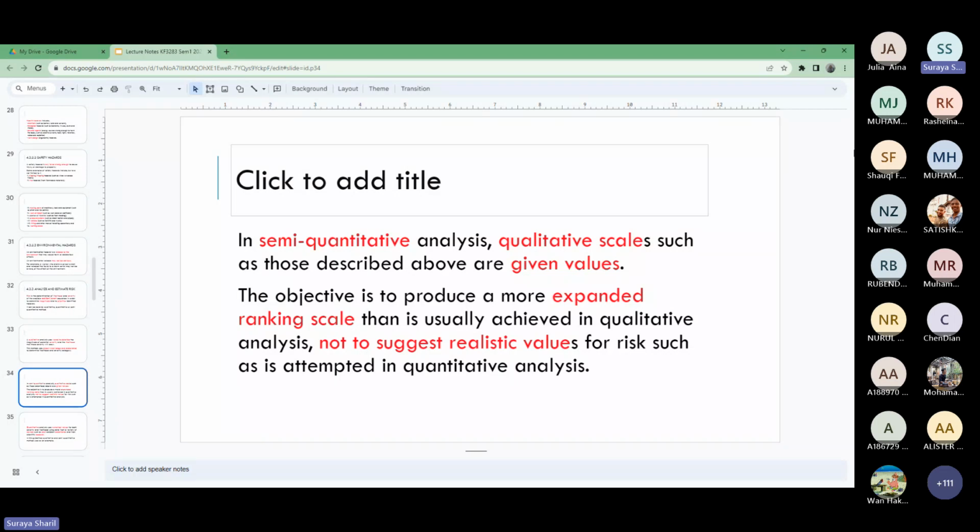So 1, 2, 3, 4, and 5 are not exact values, but a ranking scale, to give a qualitative or subjective description a value. So from the number, it is easier to make an analysis.